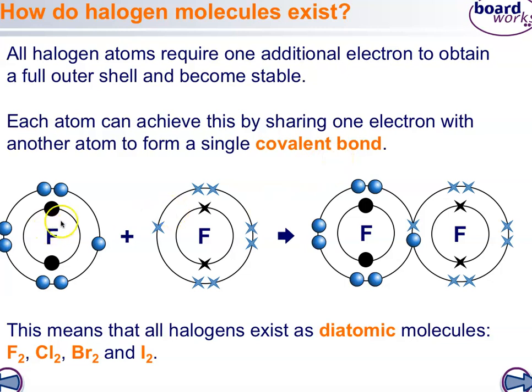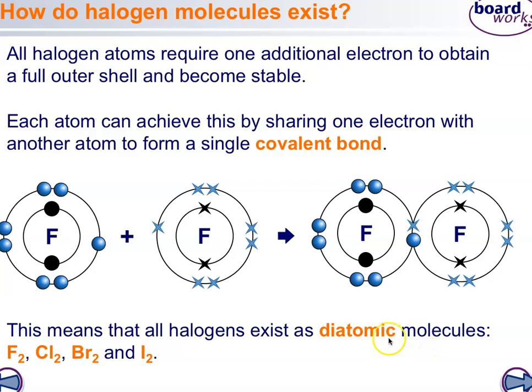So over here, you will see that fluorine has 7 outer electrons. It then overlaps with another fluorine, which also has 7 outer electrons. In doing so, they share 1 electron between themselves and form a single covalent bond. The implication of this is that the halogens always exist as diatomic molecules.